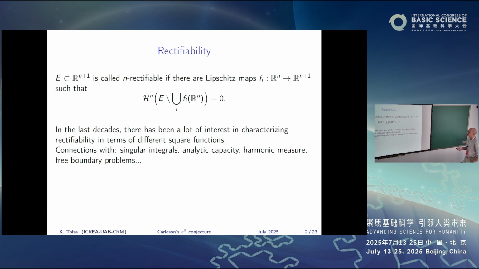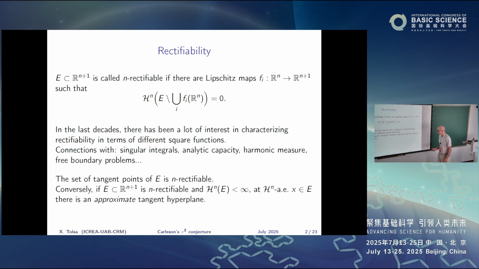And these techniques have been applied to study the L2 boundedness of singular integral operators, analytic capacity, harmonic measure, boundary problems, etc. We will be interested here mostly in a particular square function that was introduced by Bishop and Carleson.